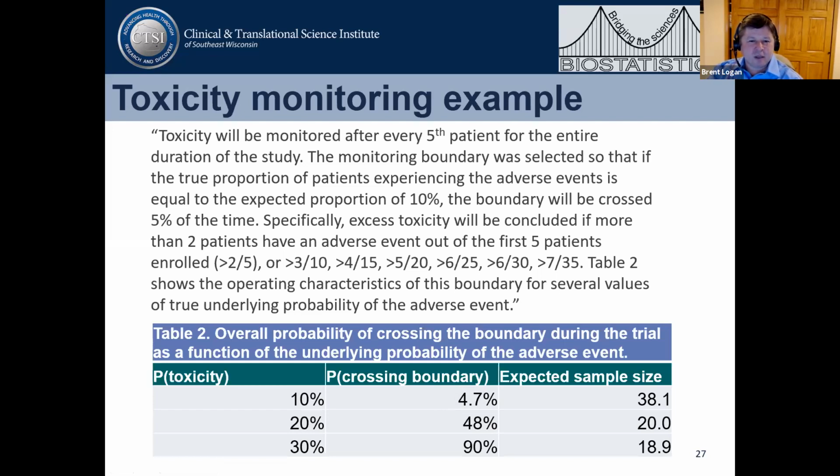This is what's called a Pocock boundary, which gives you the same type 1 error rate used up at each look, but each of those looks has a smaller than 5% error rate. It's getting a little bit technical, but that's the idea. So this 4.7% is across the entire monitoring rule. It's a family-wise error rate. Okay. Thank you.